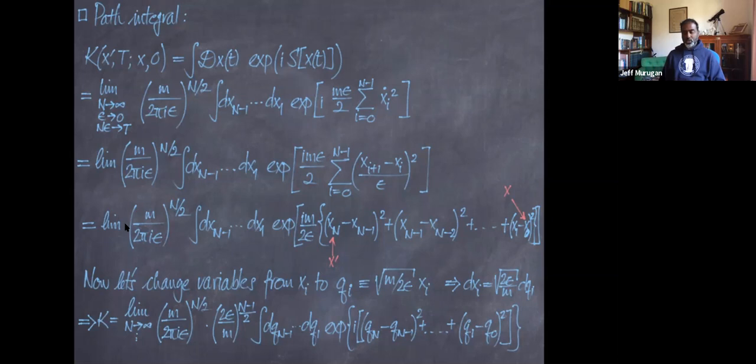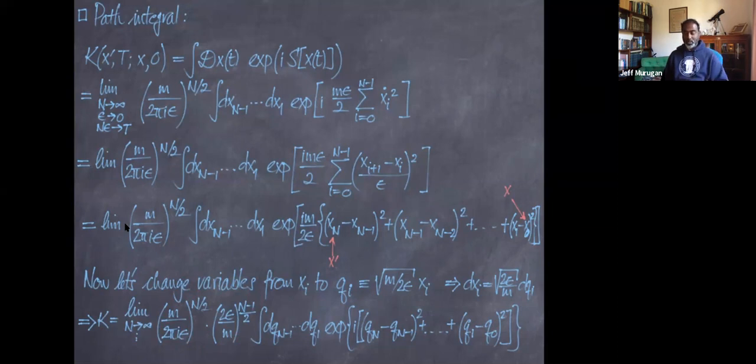So you can show that these two prefactor terms here, much cancellation happens, and we will come back to it in a little bit, but there's n over 2 factors of m in the first term, and there's n over 2 minus a half factors in the second term.